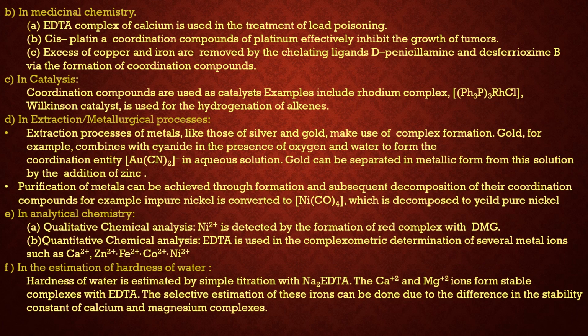Now the last is the estimation of hardness of water. Hardness of water is estimated by simple titration with Na2-EDTA, the sodium salt of EDTA. The calcium and magnesium ions form stable complexes with EDTA, and the selective estimation of these ions can be done due to the difference in the stability constants of calcium and magnesium.